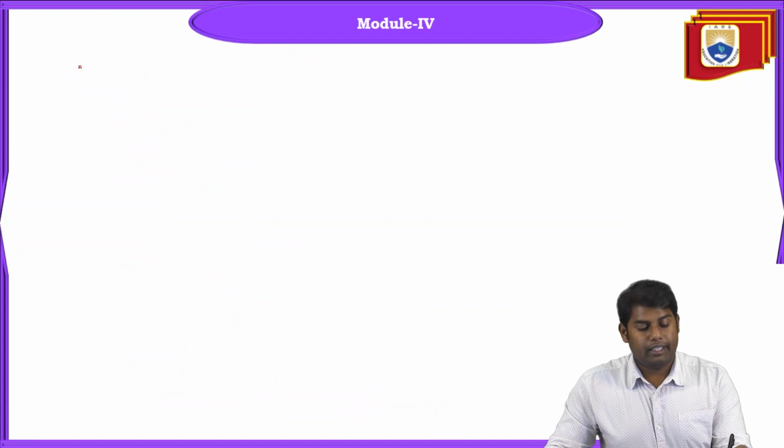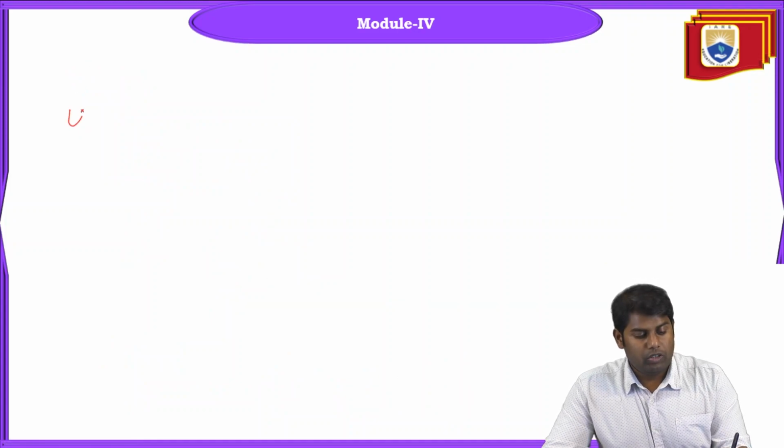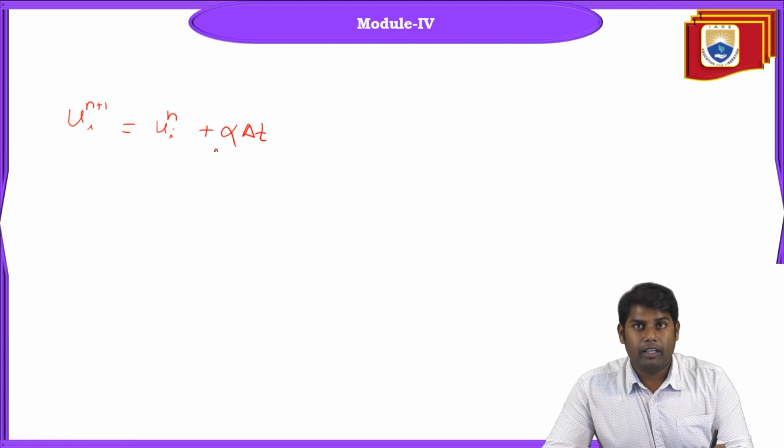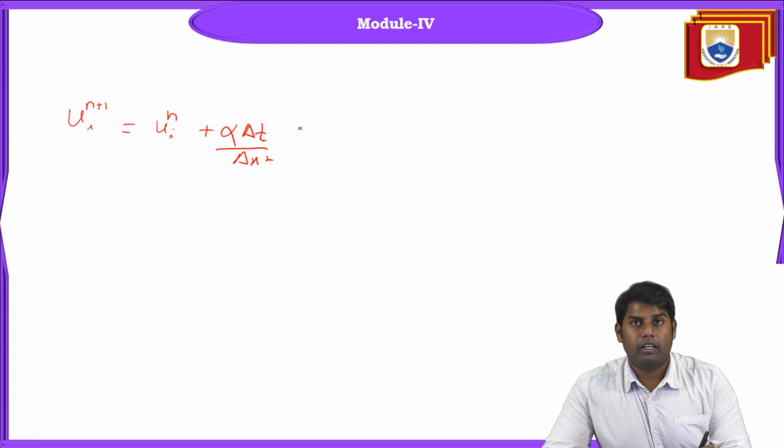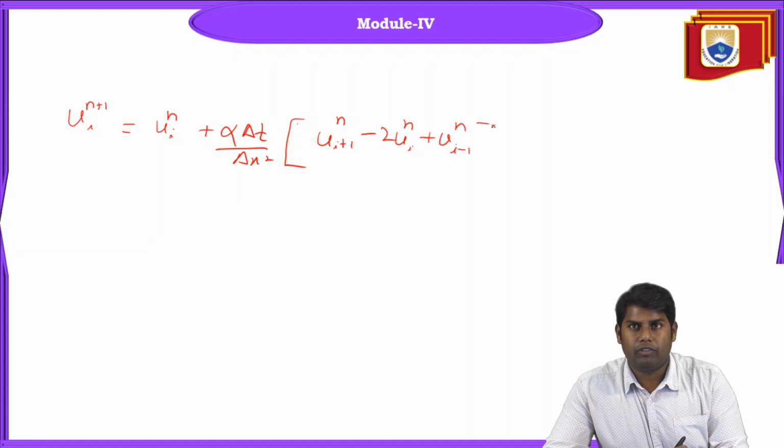Here in this problem, we have u of i to the power of n plus 1 equal to u of i to the power of n plus alpha into delta t by delta x square into u of i plus 1 to the power of n minus 2 u of i to the power of n plus u of i minus 1 to the power of n.